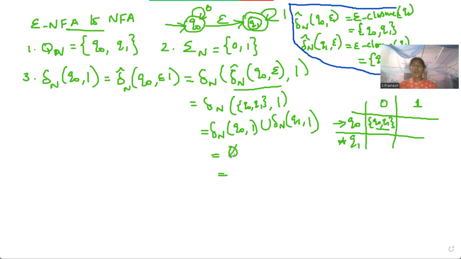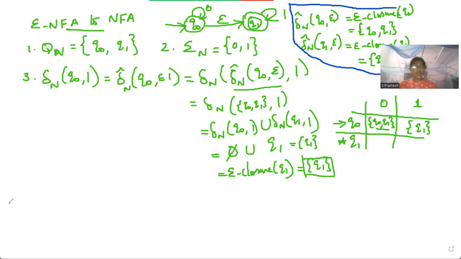Actually, no value, right? Union Q1 comma 1 is Q1. So finally, you can write, this is equal to Q1. Write the E-closure of Q1. What is E-closure of Q1? Actually, Q1 only. Okay, there is no empty move. So this is the output for this place. So this is Q1.